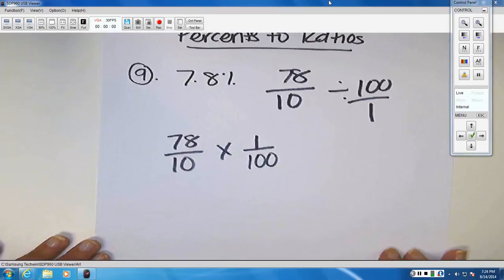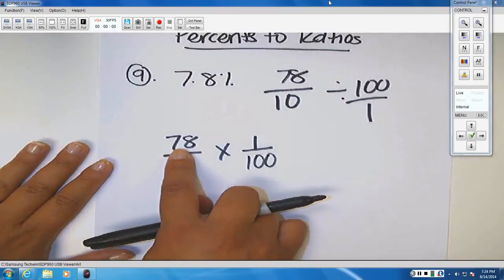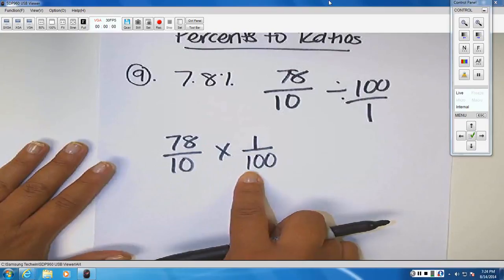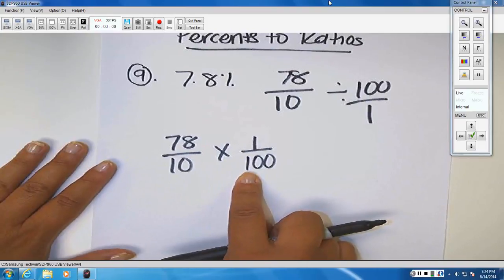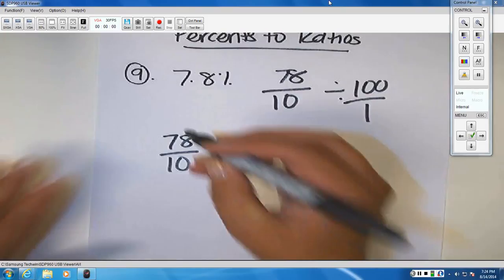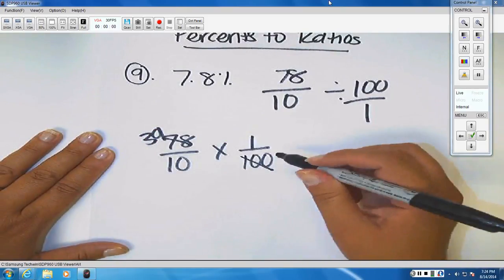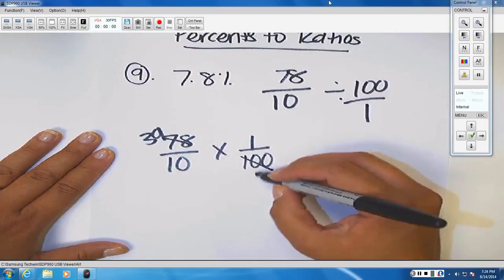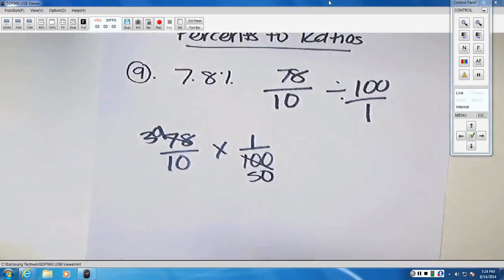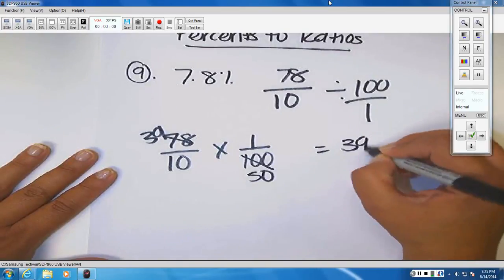I know that I can reduce this. I know that 2 will go into 78 and 100. 78 divided by 2, 2 will go into 78 39 times. 2 will go into 100 50 times. And now I have everything reduced so I can multiply straight across. So 39 times 1 is 39.